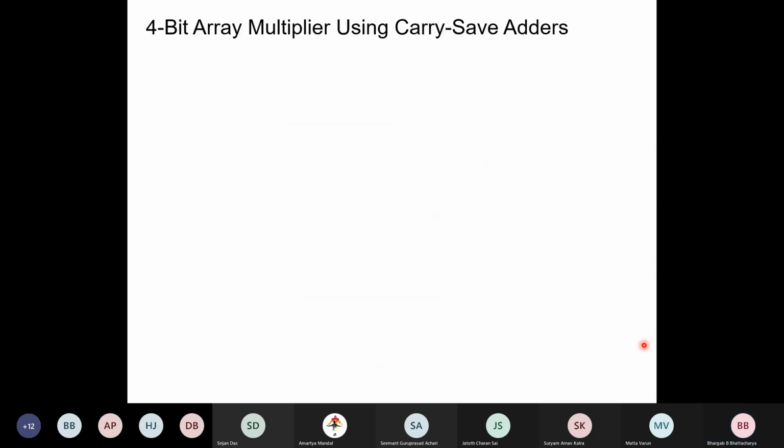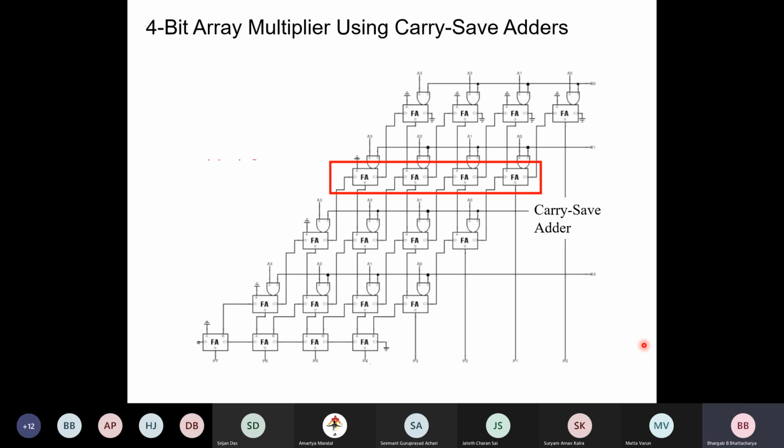And the same thing can be used here, right? So in this diagram, what we show is an example of a 4-bit array multiplier using the carry save adder principle. If you look at it carefully, it is the same architecture, the same circuit.